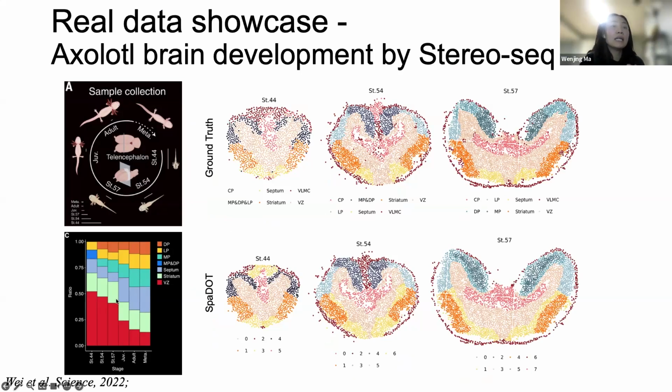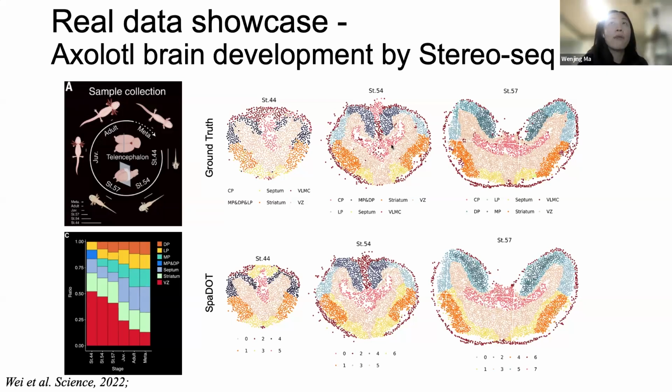Basically, the idea is that this Stereo-seq sample captures different stages of axolotl brain development. From their paper, I noticed that in the earlier stage, the MP and DPA are hard to discriminate, but later on it evolves to be more easily detected.